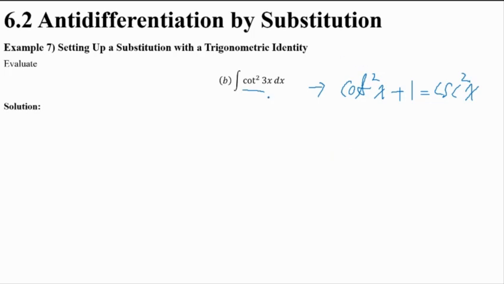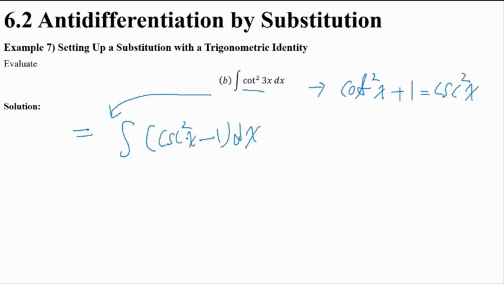So using that, the integral becomes the integral of cosecant square x minus 1 dx.